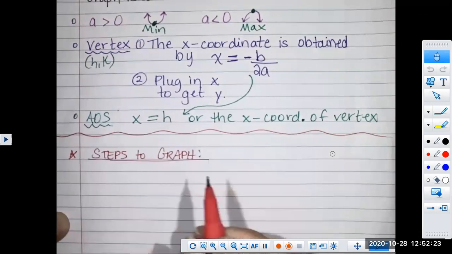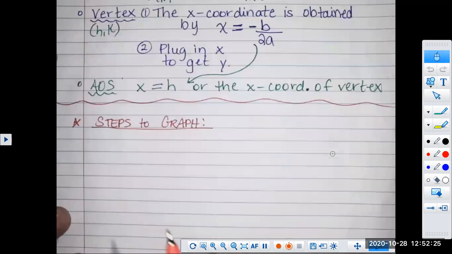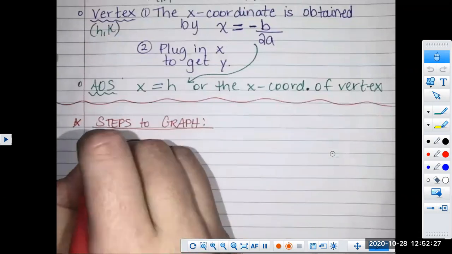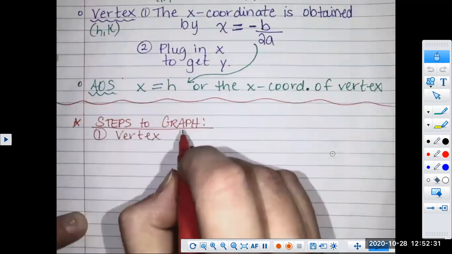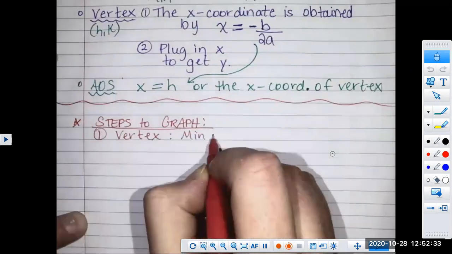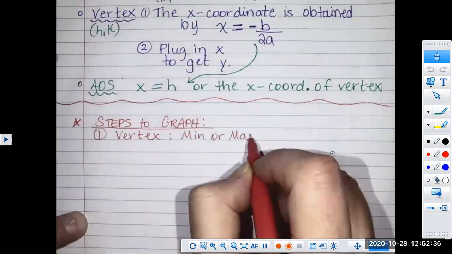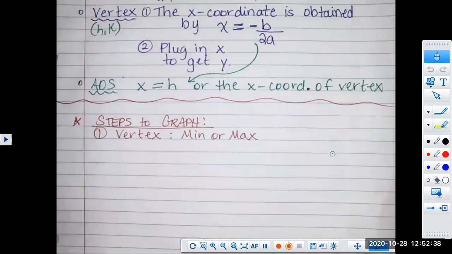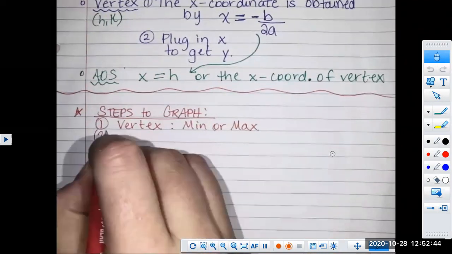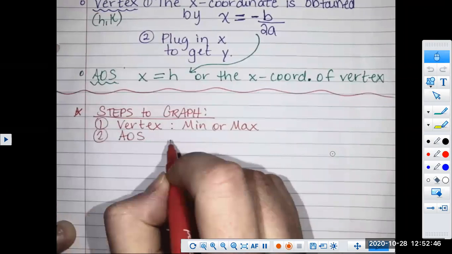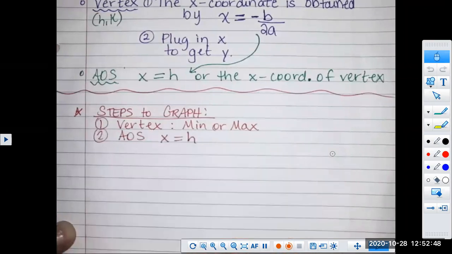Okay, your steps to graph. Of course, figure out your vertex and then tell whether it is a minimum or maximum. Give the axis of symmetry, which is x equals h.